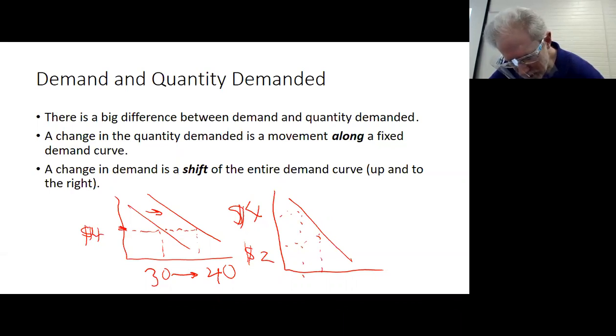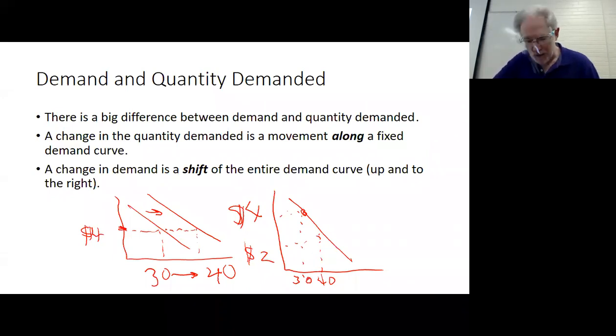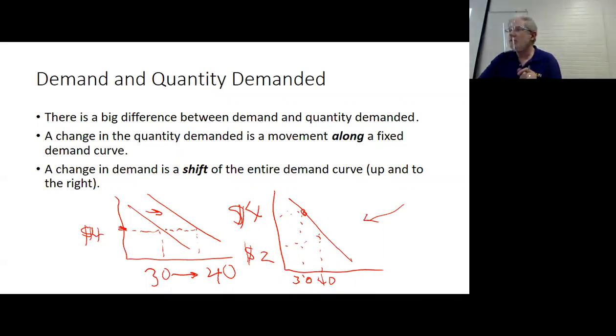Instead of wanting, let's say, 40,000 before, now at the higher price, they're going to want some smaller quantity, maybe 30,000. In the second graph, that's a change in the quantity demanded that results from a change in the price of gas.